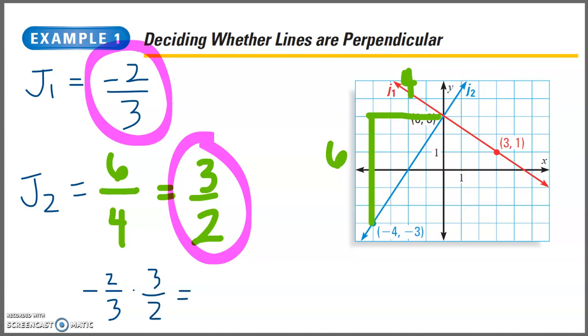Numerator times numerator, so negative 2 times 3 is negative 6. 3 times 2 in the denominator is positive 6. So that is indeed negative 1. So I'm going to make the claim that J1 is perpendicular to J2, because their slopes are opposite reciprocals.